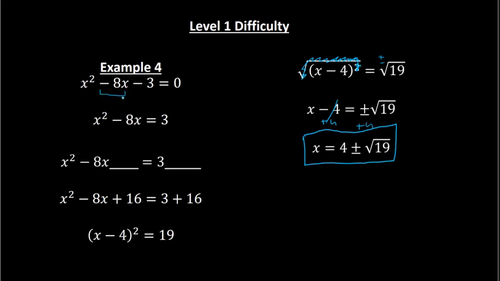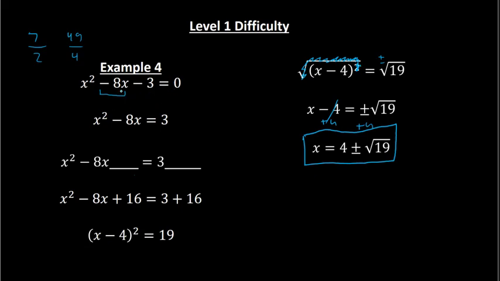Because it's even, when I take half and square, we're going to get a whole number back out. Whereas if it was not even, let's say it was a 7, when you take half and square, you get 7 over 2 squared, which would be 49 over 4. And so you'd have these fractions which make it really messy when you're trying to add and subtract. So for this reason, this would be a level 1 difficulty.